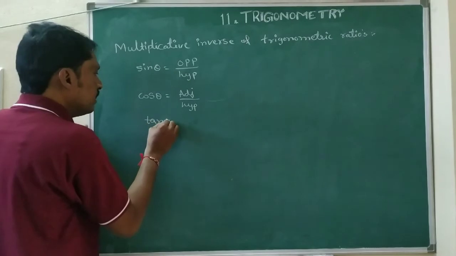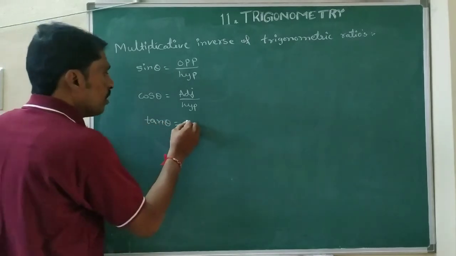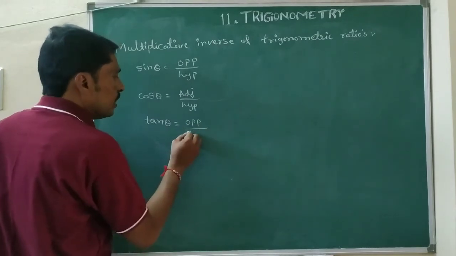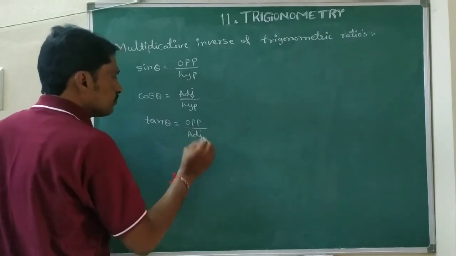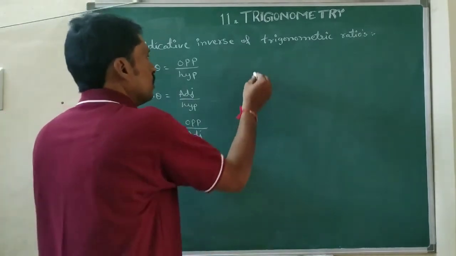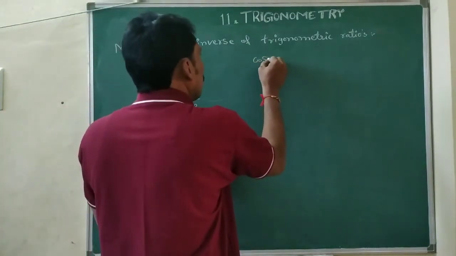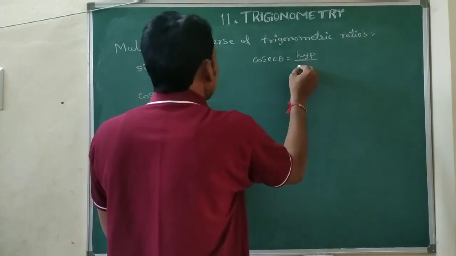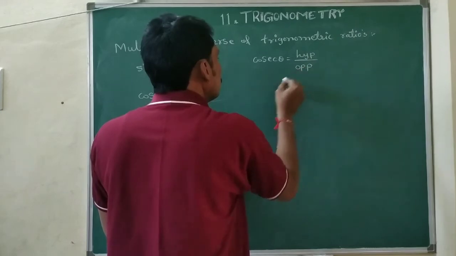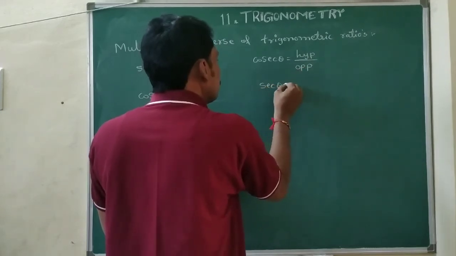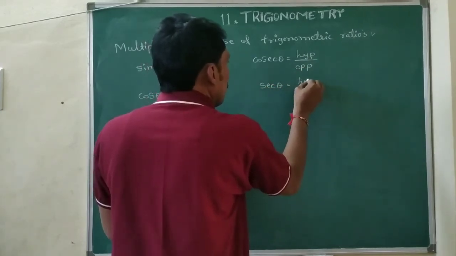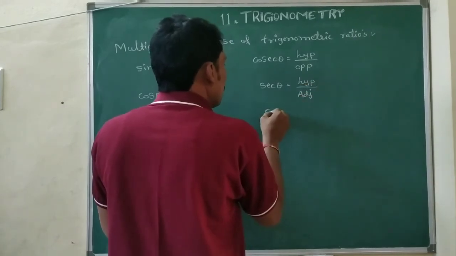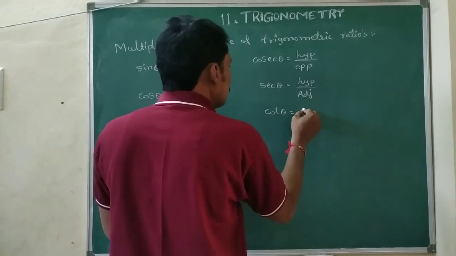Next, tan theta means the opposite side to theta by the adjacent side to theta. Next, cosec theta means hypotenuse by opposite. And sec theta means hypotenuse by adjacent. Cot theta, what is cot?